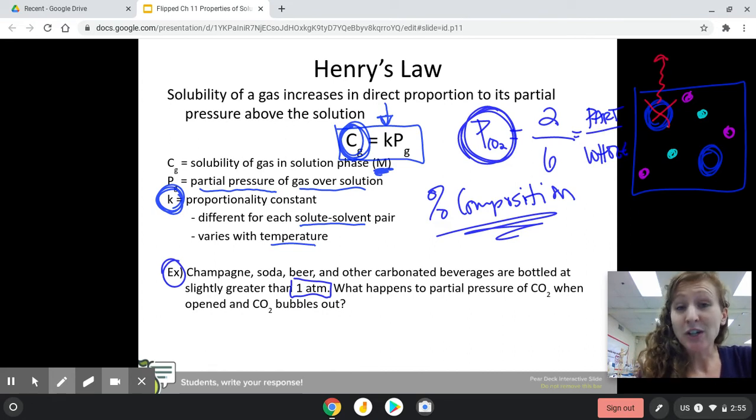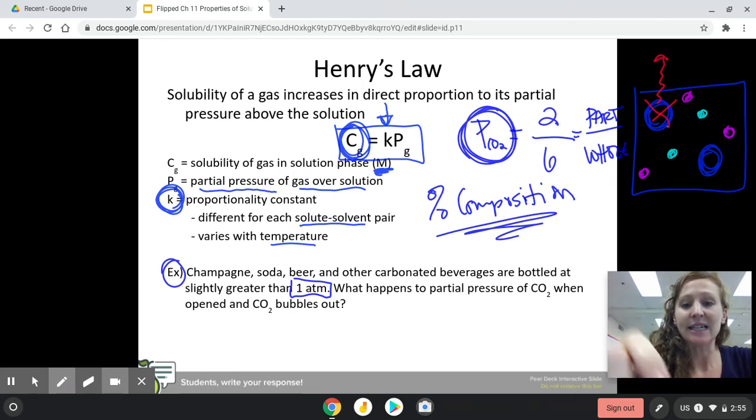So if our partial pressure decreases, what happens to our solubility? So this would be your claim, evidence, reasoning, right? Claim would be solubility decreases. Evidence would be your partial pressure has just decreased.